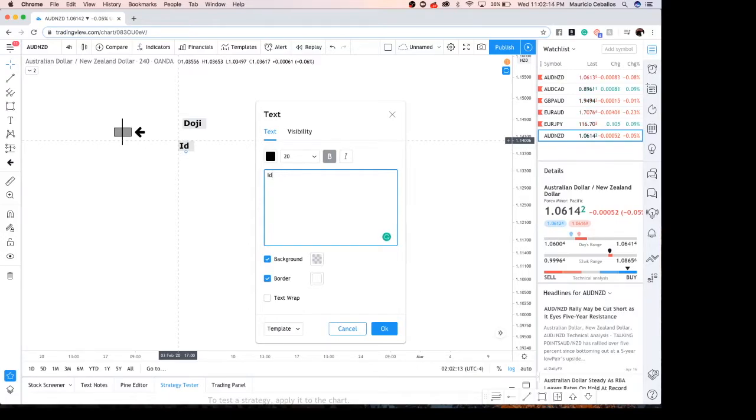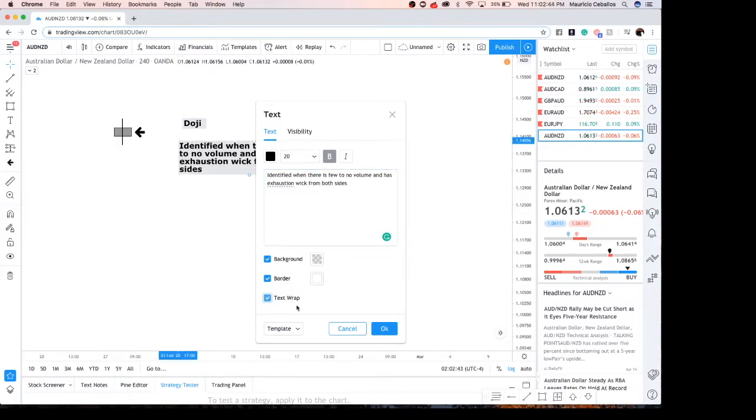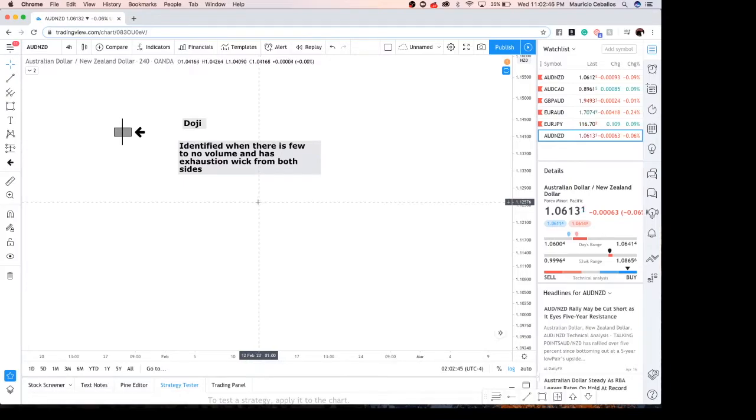It is identified when there is few to no volume and it has exhaustion wicks from both sides.